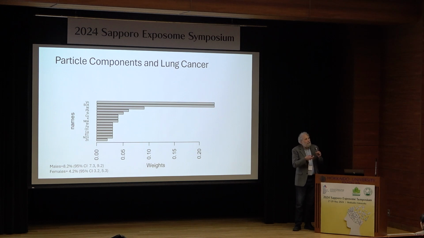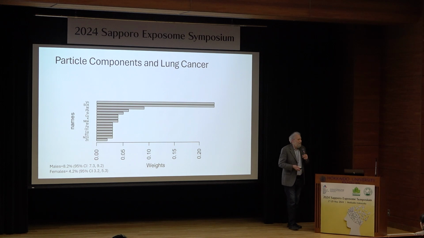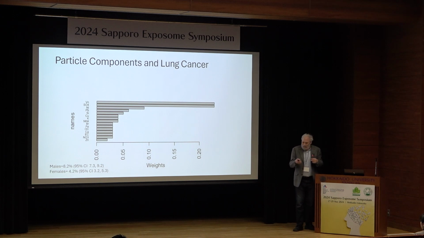And we required that people had to be covered by Medicare for at least 3 years before this first diagnosis showed up, to make sure that we were looking at incidence and not people who'd already been diagnosed.